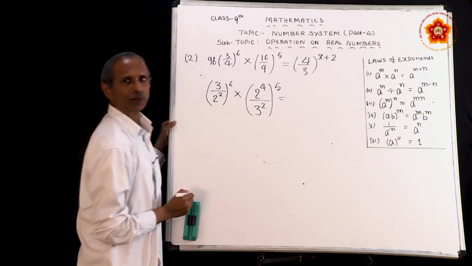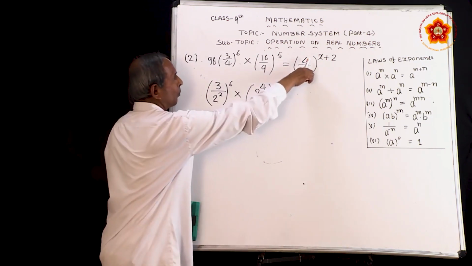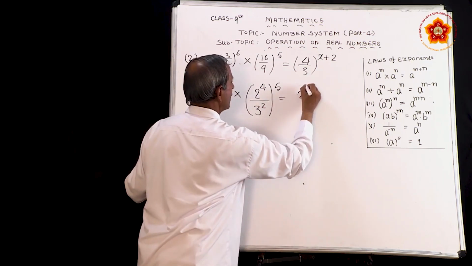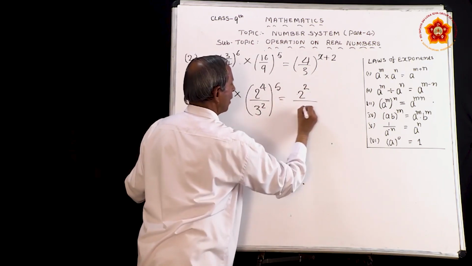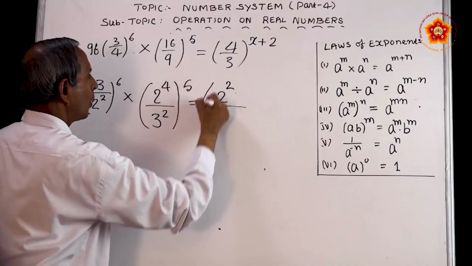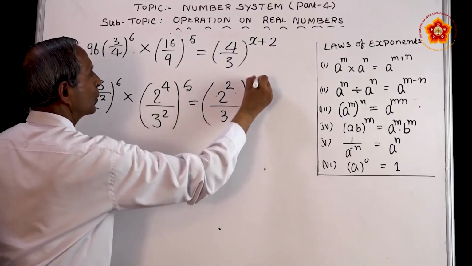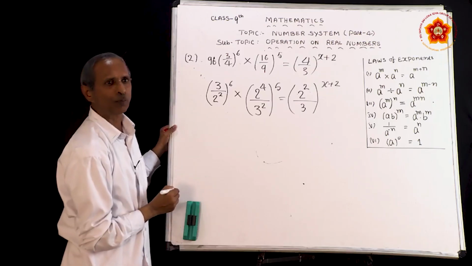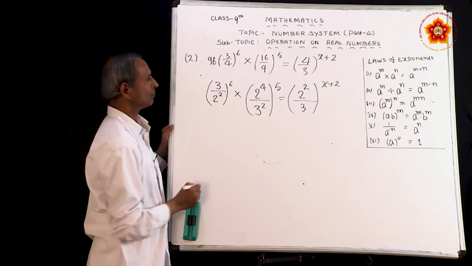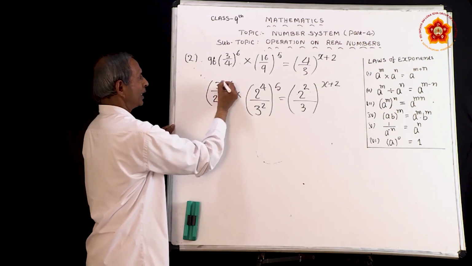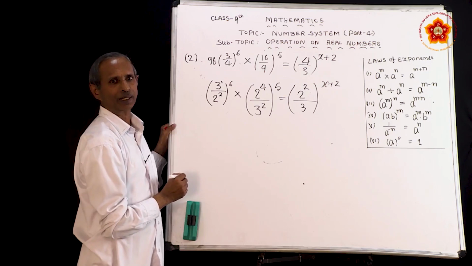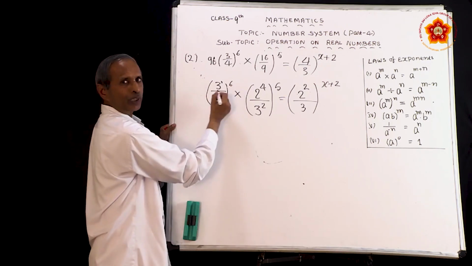In the numerator, 4 is there. 4 can be expressed as 2 square, already you know, upon (3) whole raised to the power of x plus 2. Now let us simplify both the LHS and RHS. Here 3 is there, the power is not written, so it is understood that it is 1. Now multiply the powers using the laws.